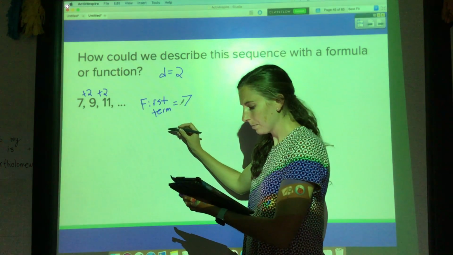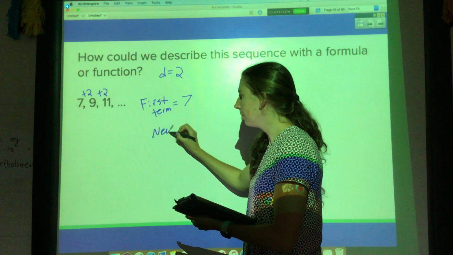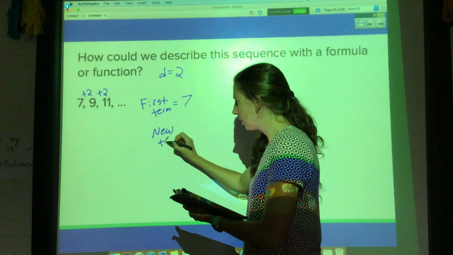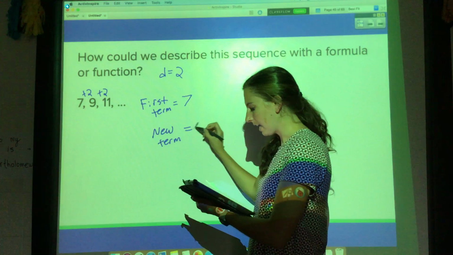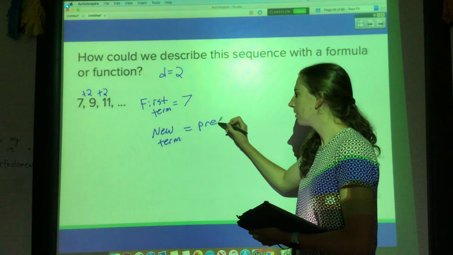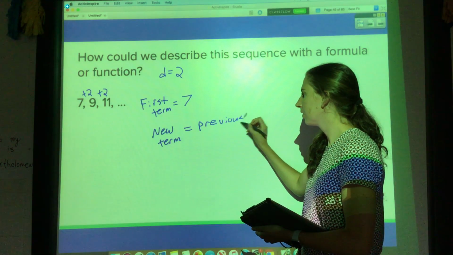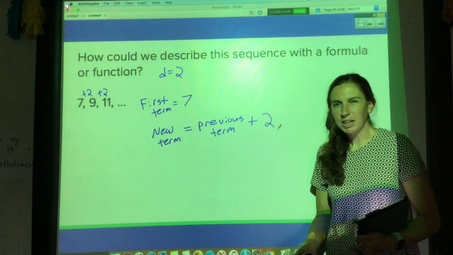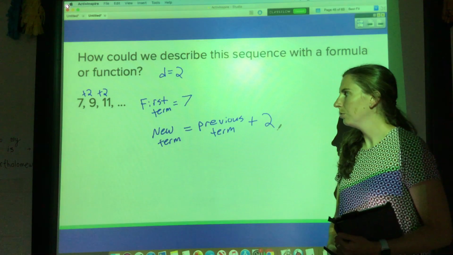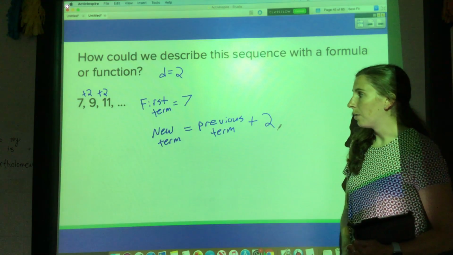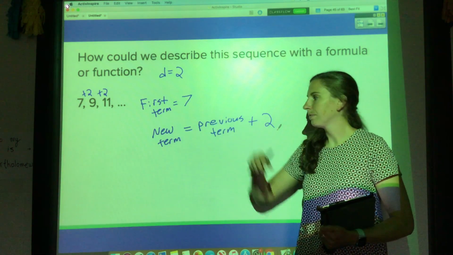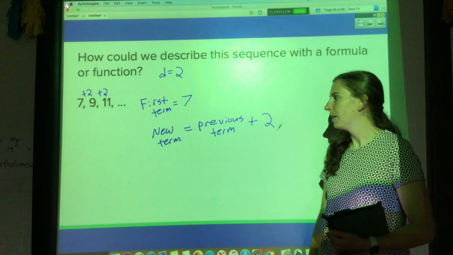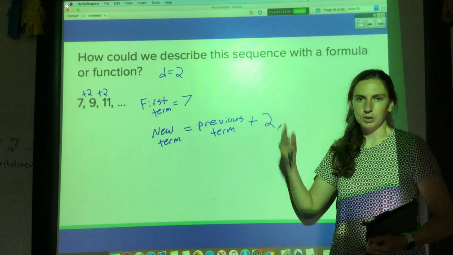For each new term, we take the previous term and add 2. This may not look like a formula that you're used to, but it works. We start with 7, and then for each new term, you take the term before it and add 2.